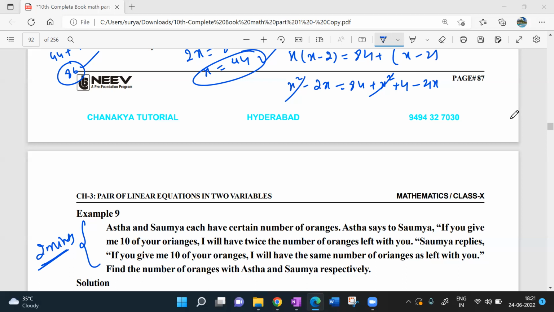Sir, Astha has 70 oranges and Soumya has 50. Good, good. Okay, let's check whether it is correct or not.